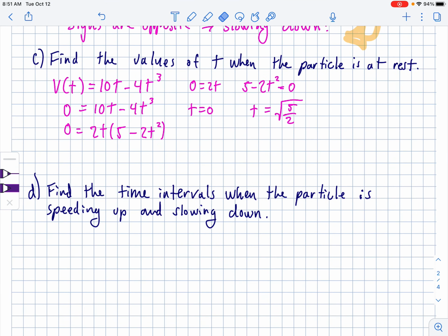Part D, find the time intervals when the particle is speeding up and slowing down. Speeding up and slowing down has to do with acceleration, which is our second derivative. When it changes from speeding up to slowing down is when the second derivative signs change.